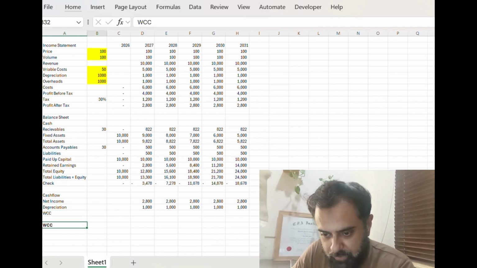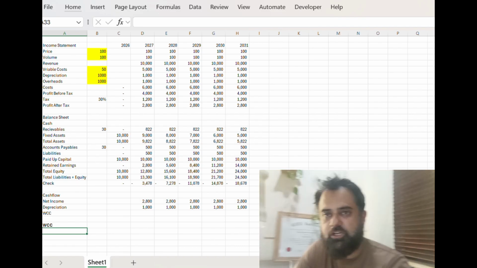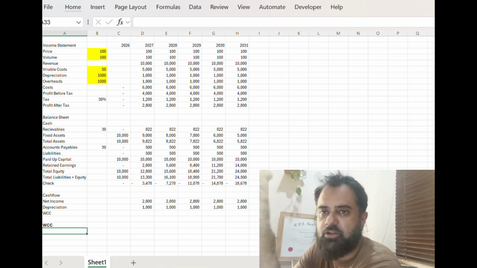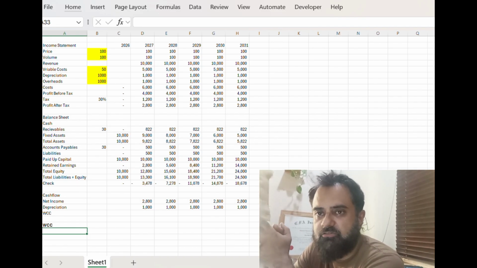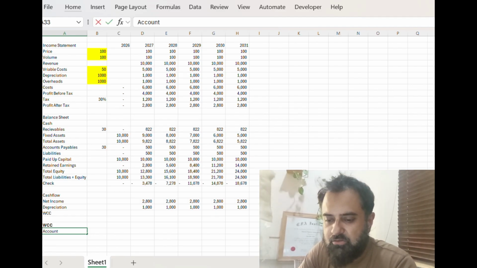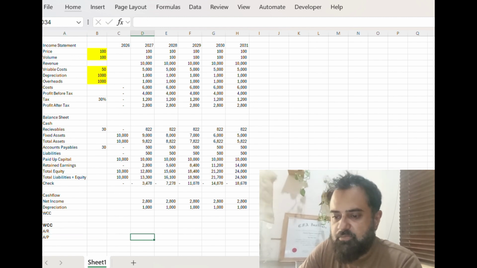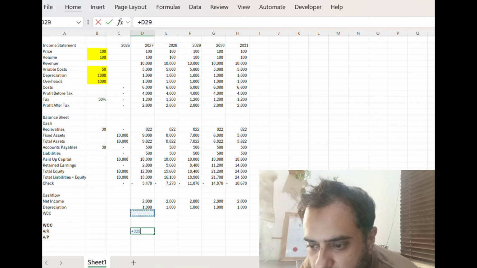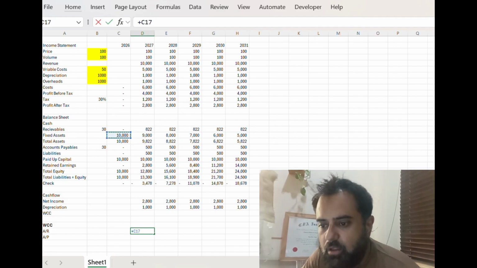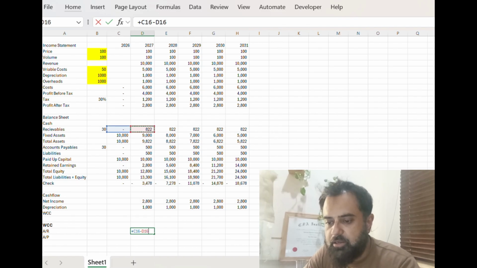But coming back to the working capital statement, it basically shows us the changes in all the working capital accounts, which are 3 in the company, right? Inventory, accounts payables, and receivables. So we don't have inventory here, but we'll put in accounts receivables, we'll just call it A/R now, and accounts payables. And the change in receivables obviously will be, we are subtracting the previous year's balance from the current year's balance.